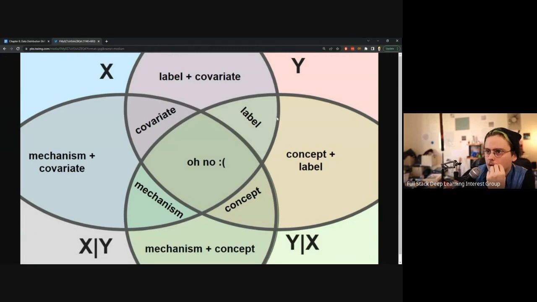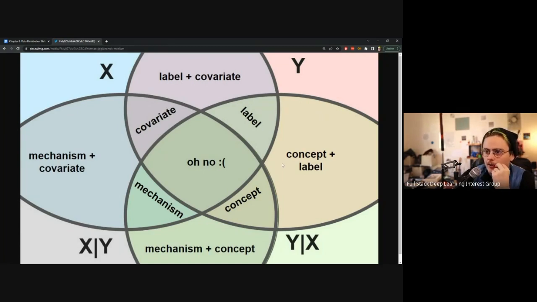So if you are in this section here, label shift, then you know that P of X given Y is not changing. That's this gray circle here, so we're outside of the gray circle. All of these are types of label shift because X given Y is not changing, but Y is changing.